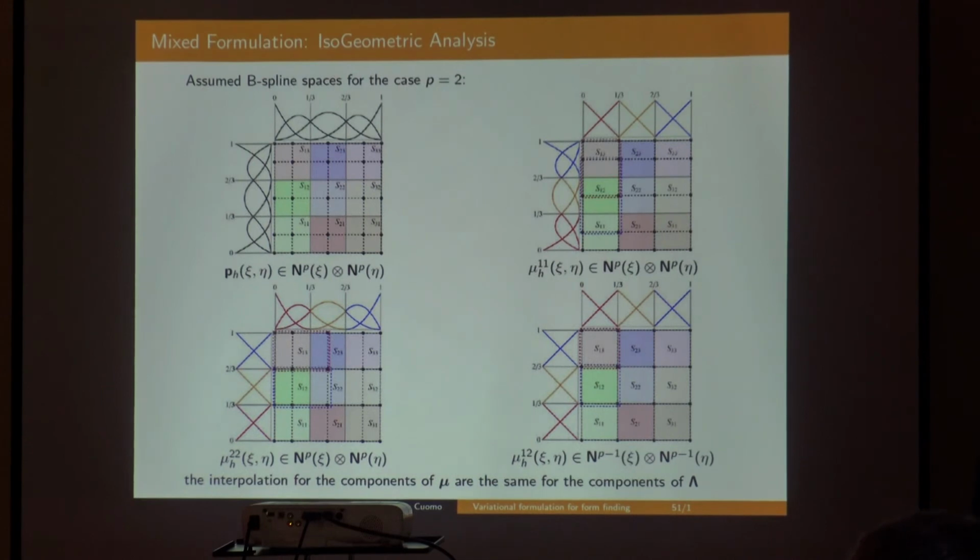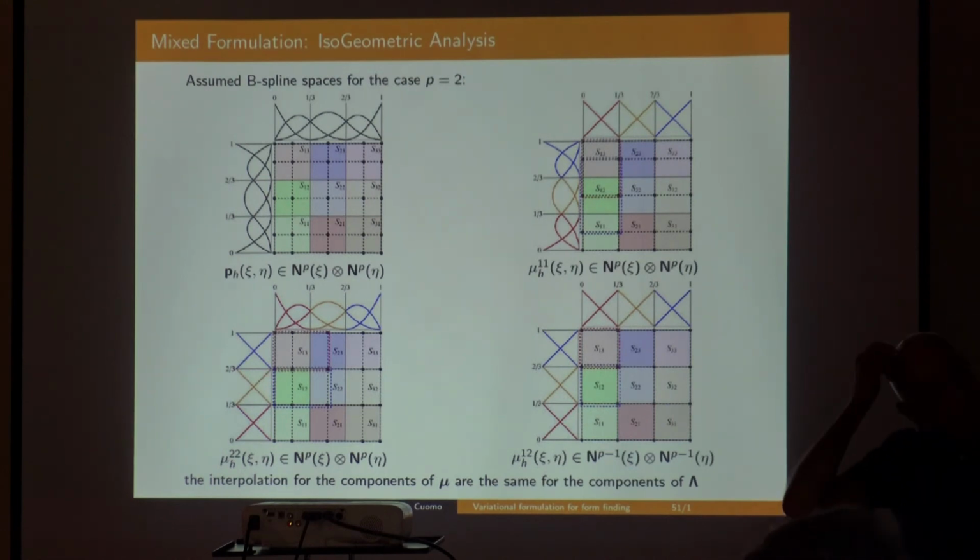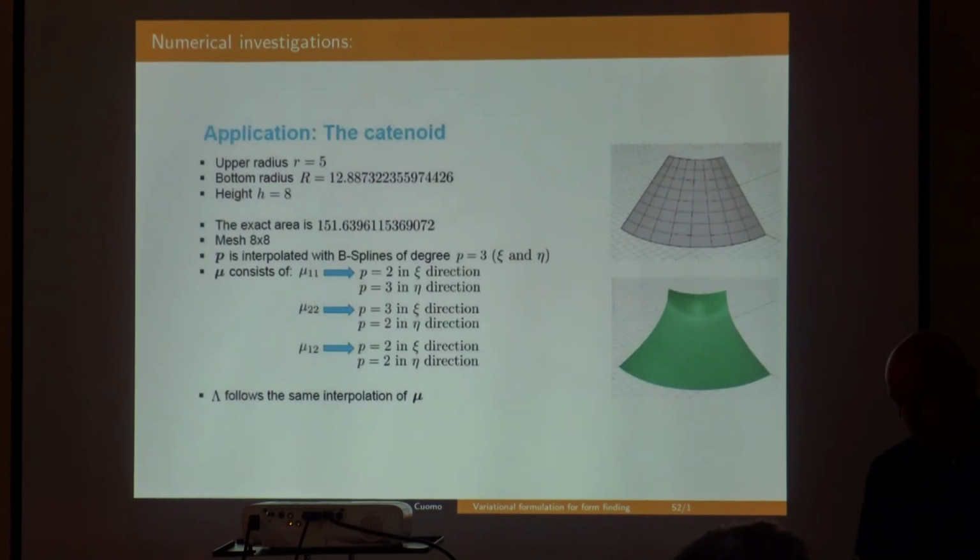Again, the interpolation is mixed, so degree p splines for the position, and one degree less in one direction for the stresses. According to whether it's S11, S12, or S22, in one direction or the other, the interpolation degree is decreased by 1. Okay, the application is a catenoid.